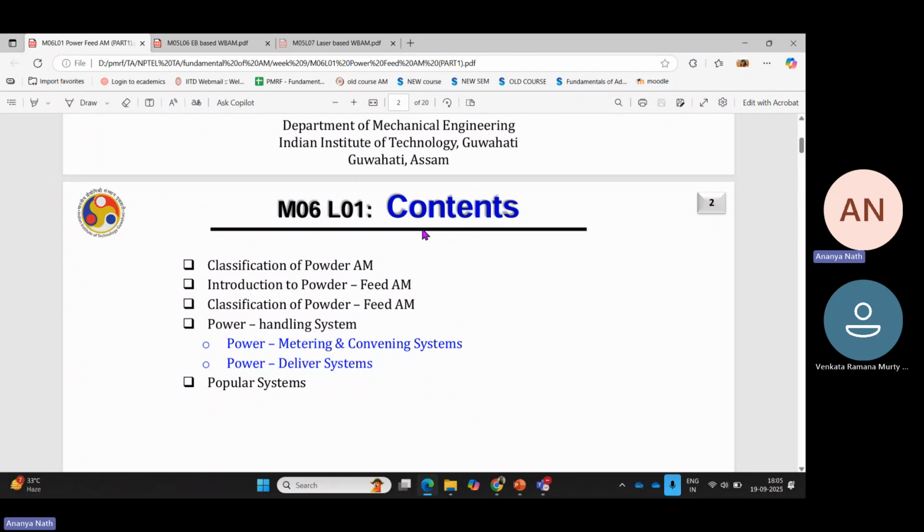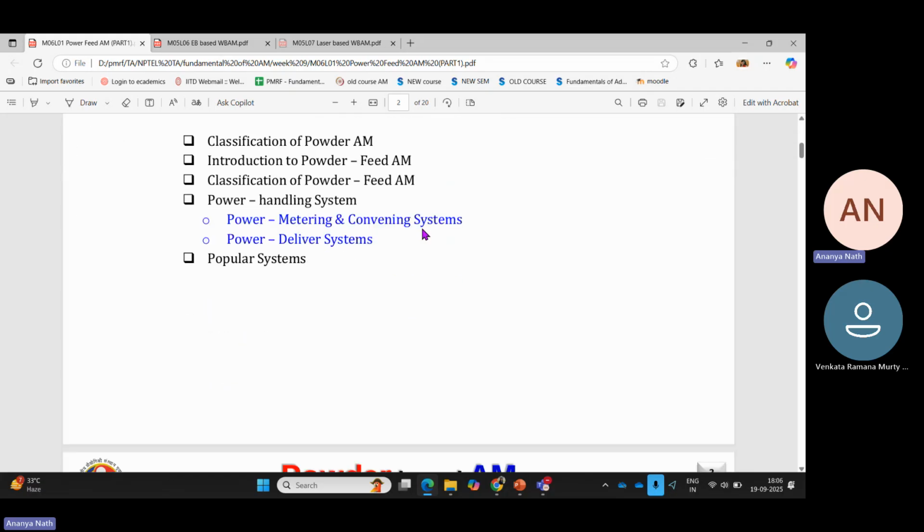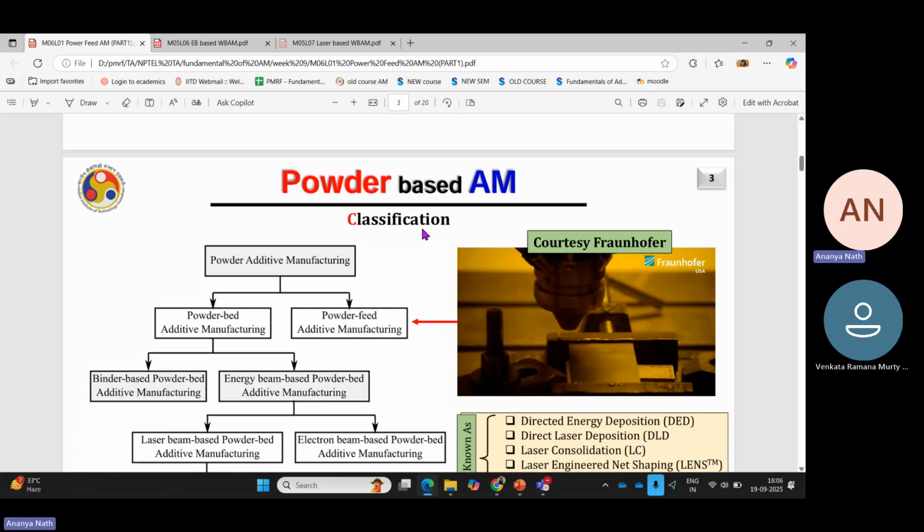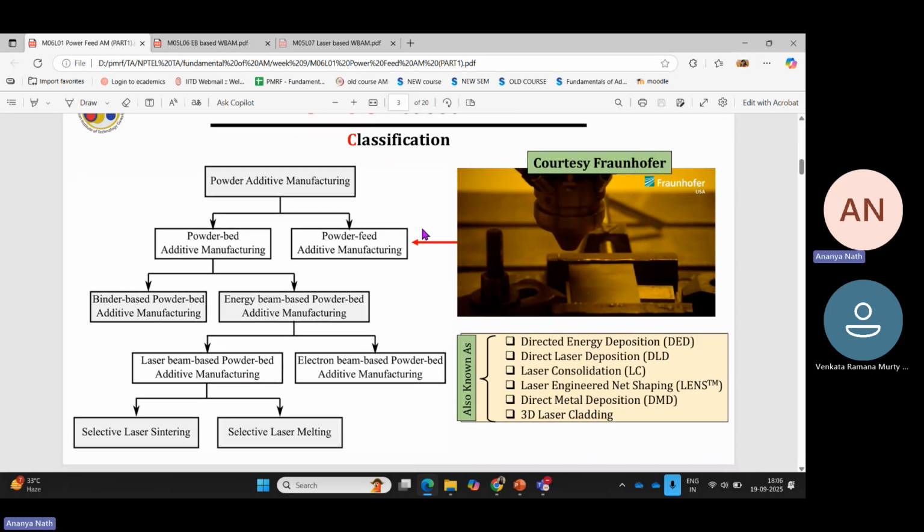There is another type of powder AM as well, in which powder bed fusion takes place, where the powder will be present on top of the substrate and spread over it instead of being fed. Here, powder feed based AM will be discussed, where the powder will come through the nozzle along with the laser.